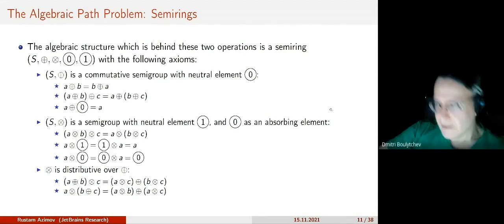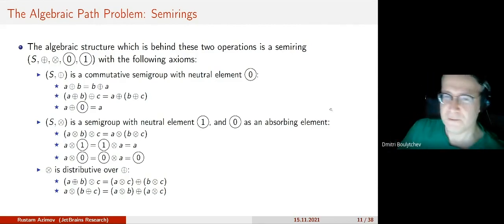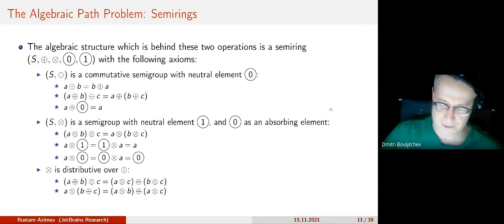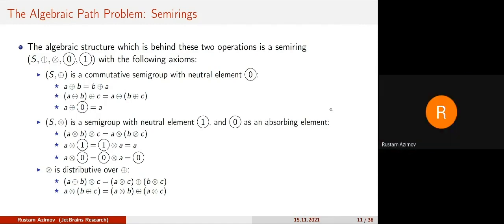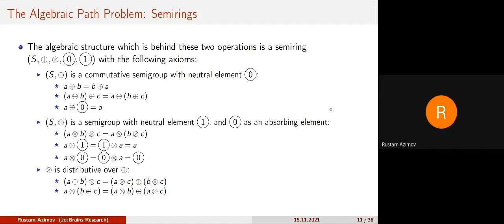Yeah, I see. And my second question is, do you know if the A-star algorithm can be reformulated in these terms? Because it's quite closely related to shortest path. Sorry, can you repeat the question? The first part of the question, I don't hear.